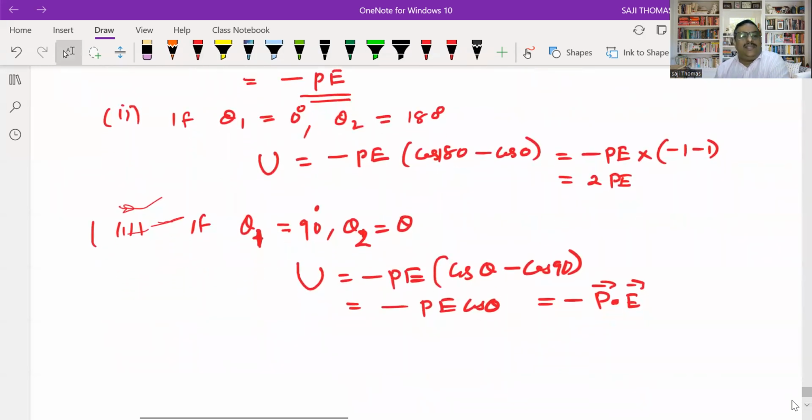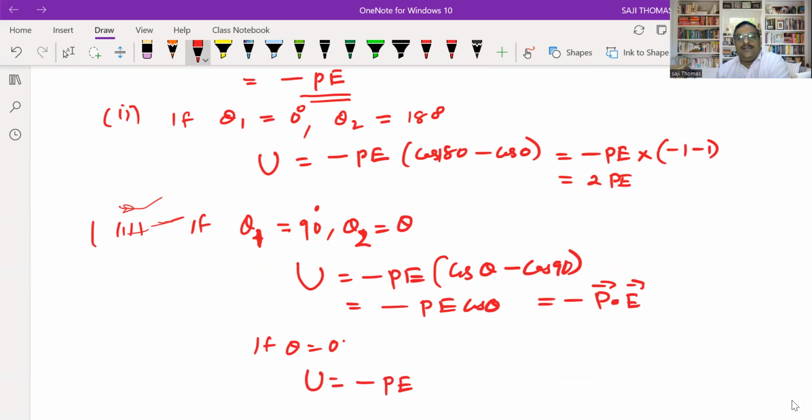Now here, if you consider two sub cases, in this, if theta is 0 degree, then what is U? Minus P E. If theta is 0, that means here theta 2 is 0, theta 1 is 90 degree.